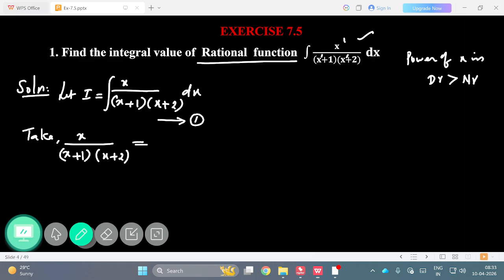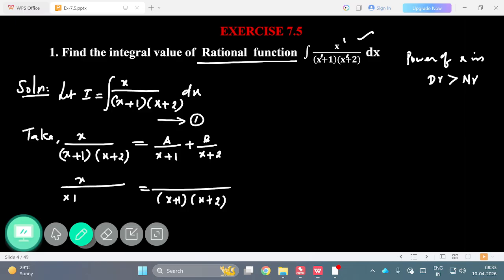Now this is a by x plus 1 plus b by x plus 2. Any doubt? This is the first step. After that, take the LCM. What is the LCM on the left hand side? That is x plus 1 into x plus 2. Left side, x divided by x plus 1 into x plus 2.